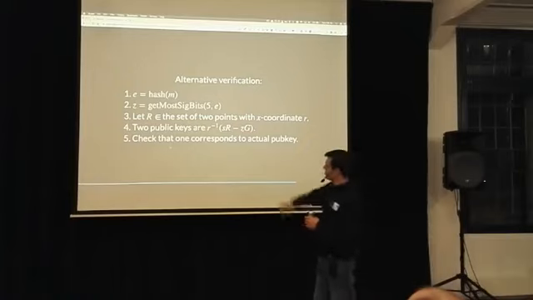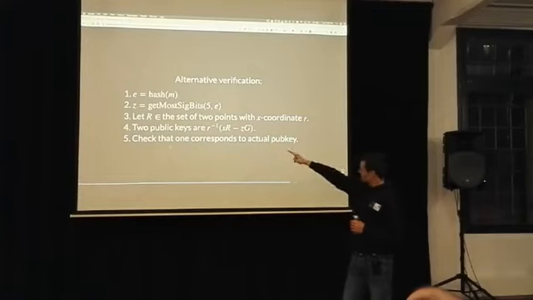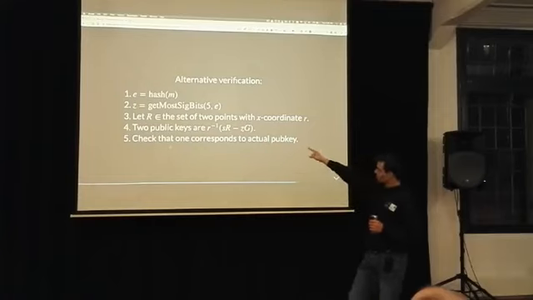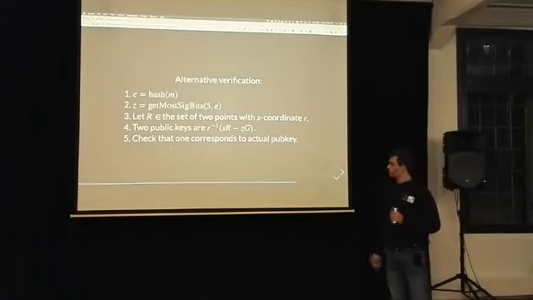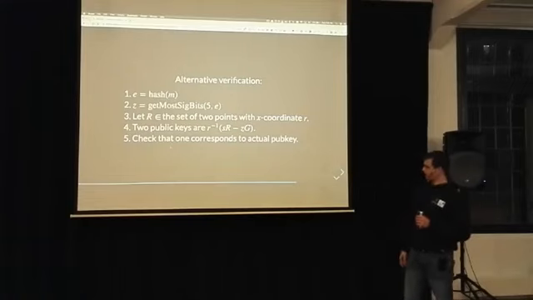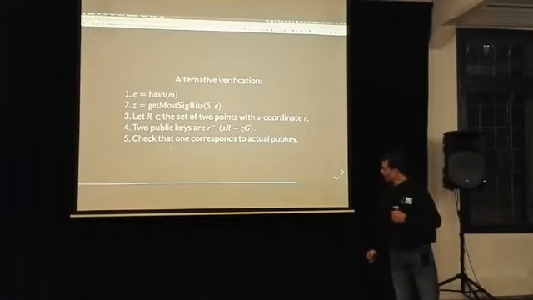So again, you compute Z, and let R be the set of points with X coordinate the same as in the signature, RS. Then the two possible public keys are as given on the presentation.